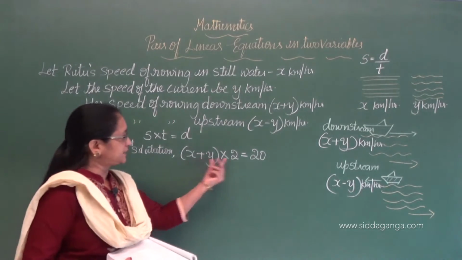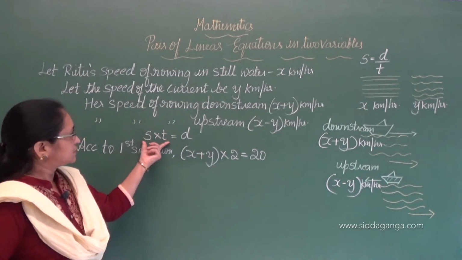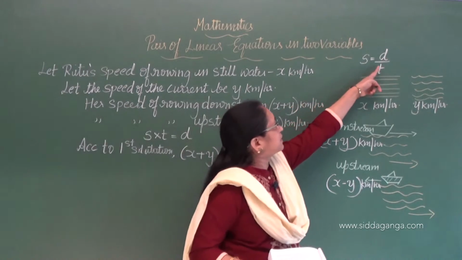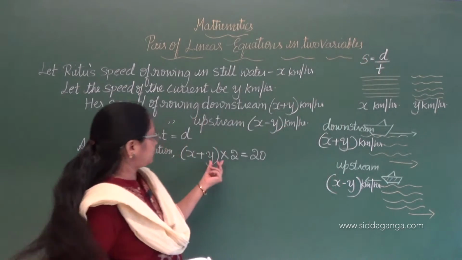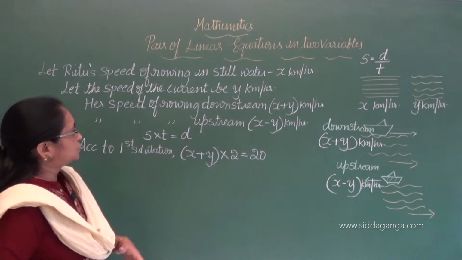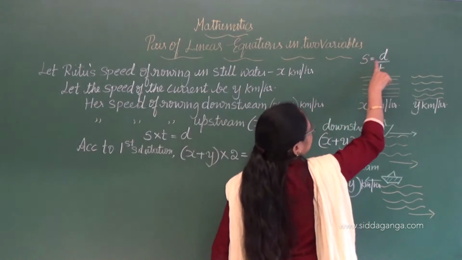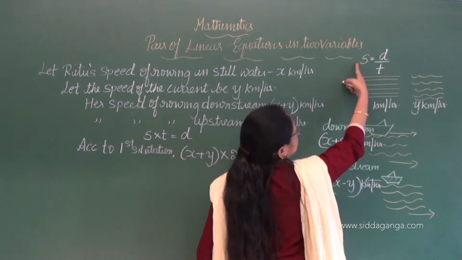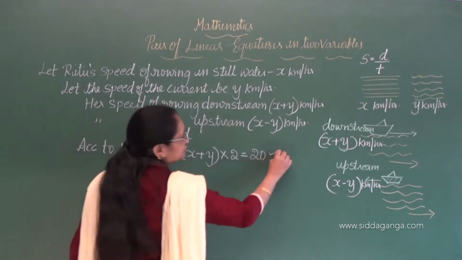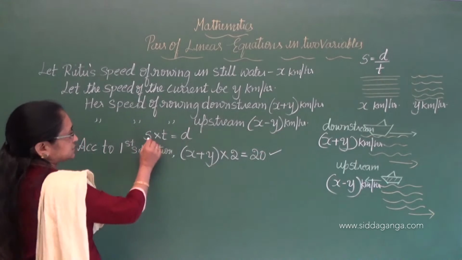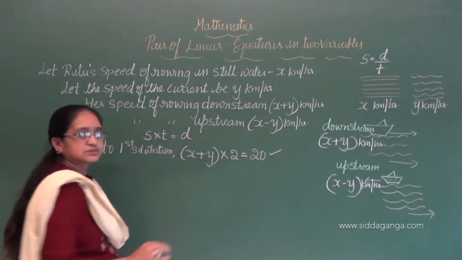You all know speed is equal to distance by time, so if you want distance, then speed into time. Either you can do distance is equal to speed into time, or time is equal to distance by speed, but this will be easy for you to calculate. Understood? This is nothing but speed into time is equal to distance.